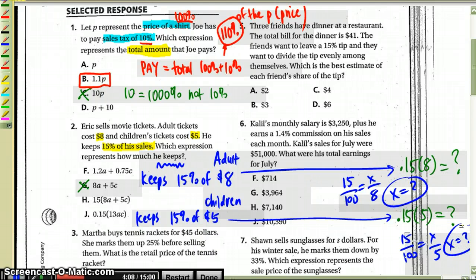Okay, from there, you will then be able to see, oh, he gets to keep maybe like $1 or a few cents around that price, because that's how much he's going to keep of the prices of the 2 separate ticket prices, the adult prices and the children prices. So I'm not giving you the answer, but I'm going to lead you there. Do not choose the letter G and don't choose letter H. Okay?